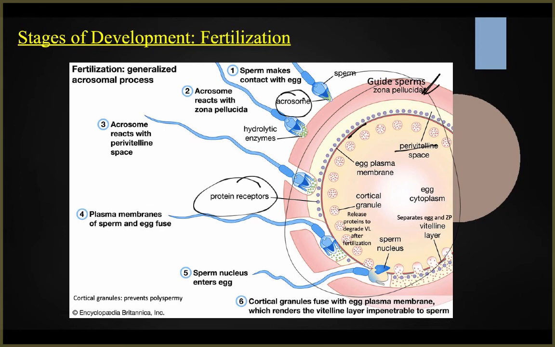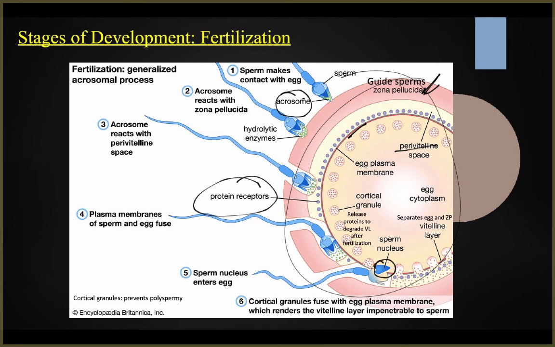The acrosome will react with the perivitelline space. And then finally, the plasma membrane of the sperm and the egg will fuse. And then the sperm nucleus will enter the egg.